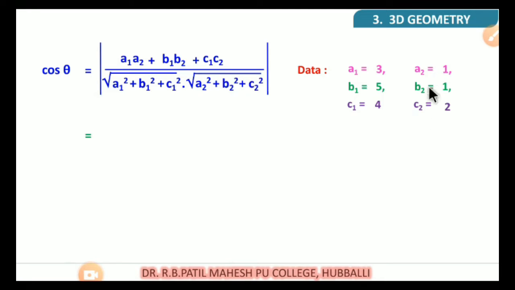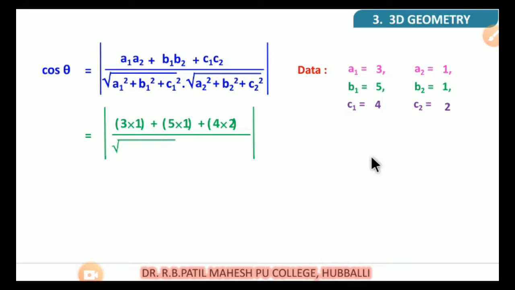Now we can put all these values in this formula. So it becomes 3 into 1 plus 5 into 1 plus 4 into 2 whole divided by square root of 3 square plus 5 square plus 4 square into square root of 1 square plus 1 square plus 2 square.